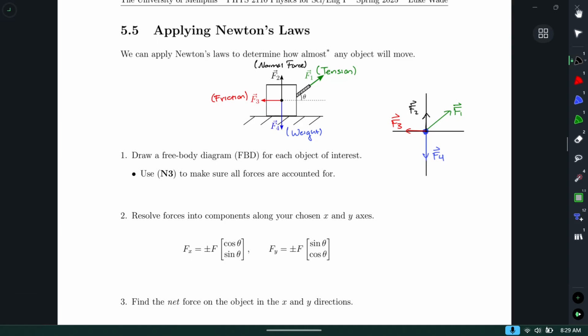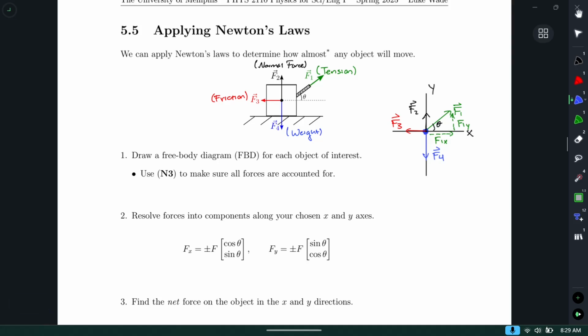I sort of already chose them. It's just so I can put as many forces along an axis as possible. And then for any forces that aren't along an axis, like F1, it's at some angle theta to the axis, we need to split it into components that are along the axes. So F1x and F1y to form a right triangle.